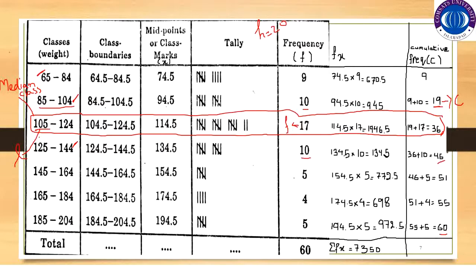that was a class interval, and 104.5, this is the lower class boundary.